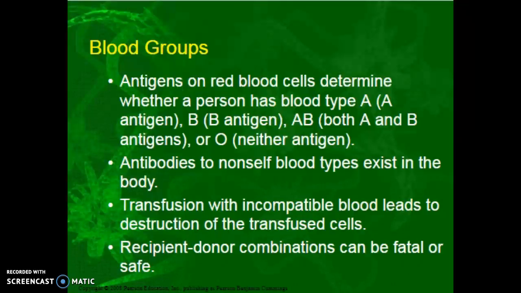Before we move on to tissues and organ transplants, think about what that means for host and donor compatibility. If you have neither antigen, you can probably donate to anybody because no one is going to recognize that blood as non-self. If you have both A and B antigens, you probably don't have any antibodies, so you can probably accept anything.